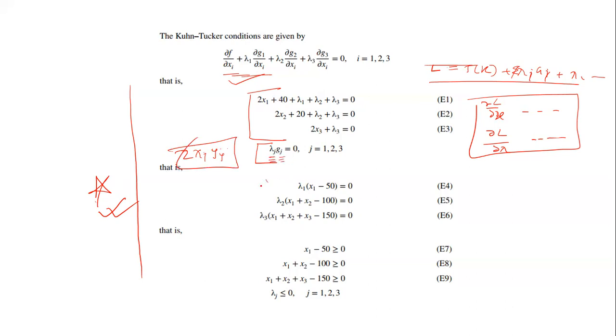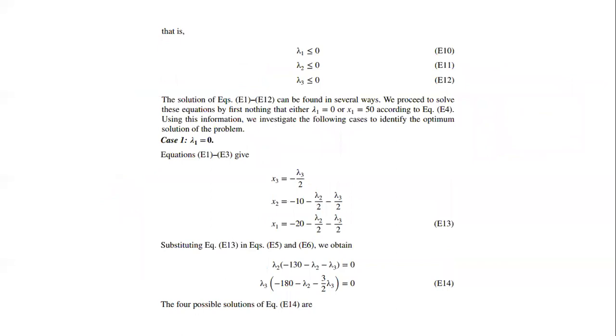G will be 1, 2, 3. So multiply these three you are going to get. And finally, your g j greater than or equal to 0. So that will give you these three conditions. And lambda values, we know that since g's are greater than 0, lambda value has to be lesser than 0. So these are the three we can see.